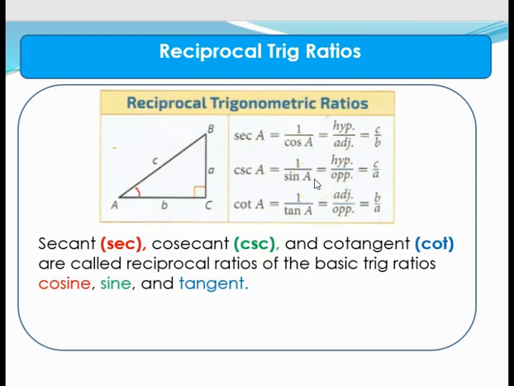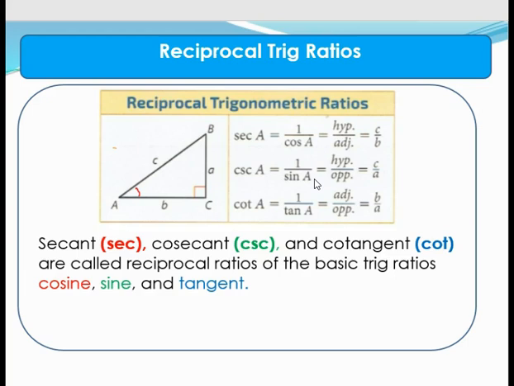And if we go for cosecant A, that is the reciprocal, 1 over sine A, which would be hypotenuse over opposite. Now remember, sine A is opposite over hypotenuse, so you're basically flipping that. So instead of a over c, you'll have c over a.